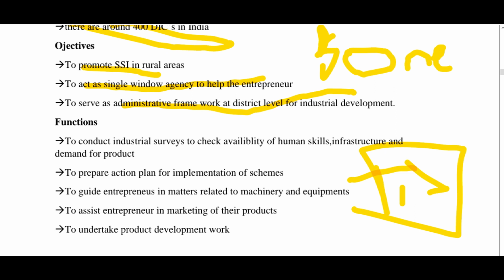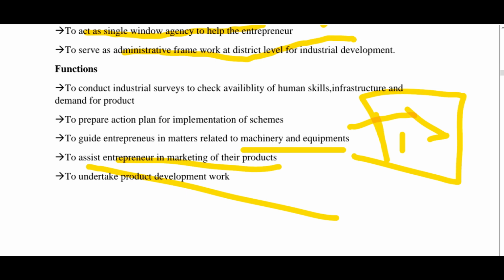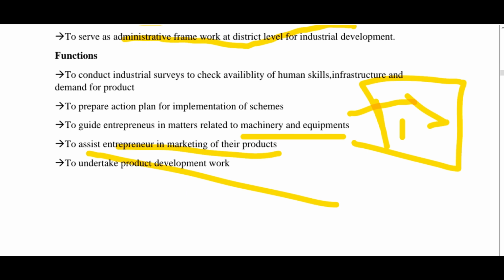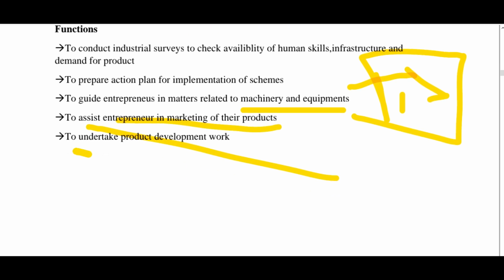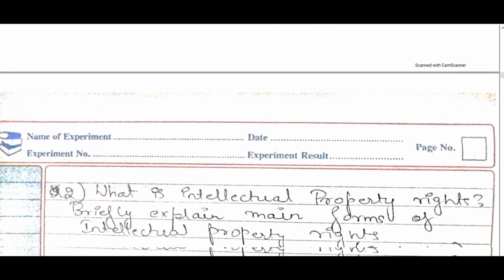So suppose the government has ordered some scheme, they also help in implementing that scheme, and guide entrepreneurs related to machinery and equipment and technical support. They assist entrepreneurs in marketing their product. All the banks provide financial assistance, plus marketing, to undertake project development work, for example roads, etc.